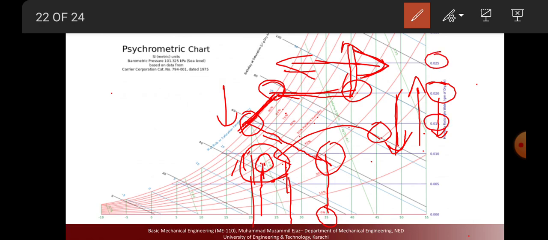So the water previously present in the air is around 0.01, then it shifts to 0.025. So upside is humidification, downside is dehumidification, right side heating, left side cooling. Basically these are the processes that can be done in our conditioned space, and we will discuss the numerical in the next lecture.